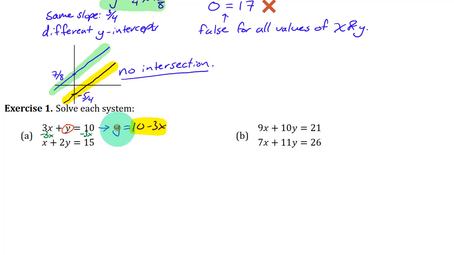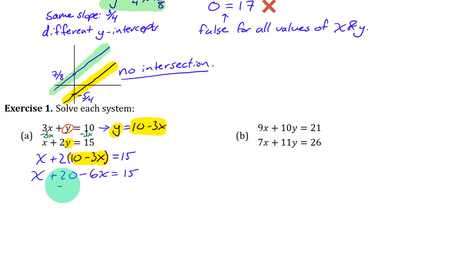That expression can be substituted in for y here. So that'll give you x plus 2 times (10 minus 3x) equals 15, which is a nice equation with just x in it. So we're going to distribute the 2 into that whole y expression. And that gives you x plus 20, 2 times 10, minus 2 times 3, which is 6x.